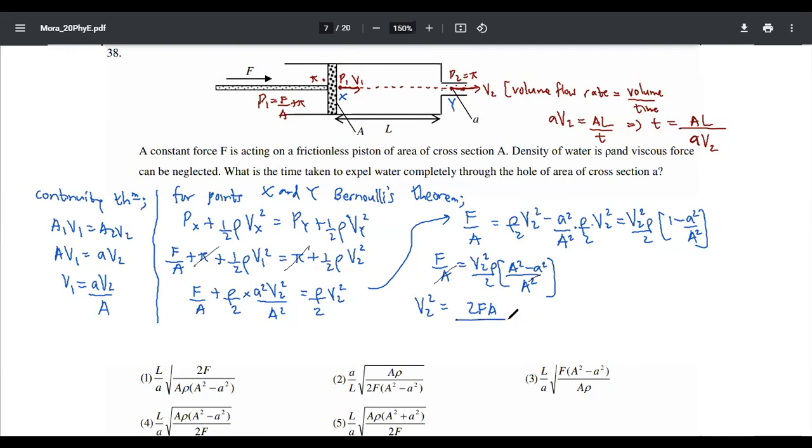And at the bottom, what will you be getting? Rho into this whole thing, capital A squared minus simple A squared. Finally, V2 is square root of 2FA over rho into capital A squared minus simple A squared. Then you have to substitute that here for time.